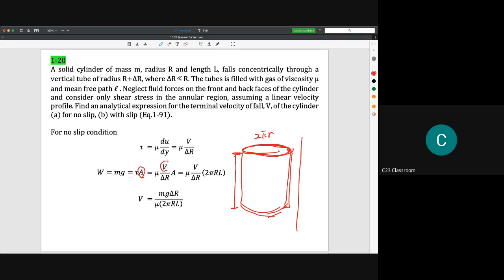The u here is the v, and the y here is the gap, so we have delta r here. The A is 2 pi r L, where r is the radius of the cylinder and L is the length of the cylinder. Then you could get the equation of V by rearranging the equation.